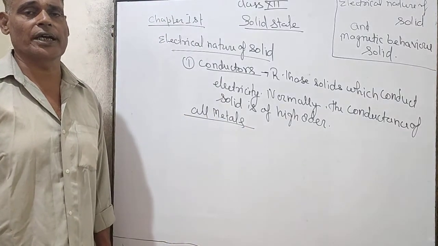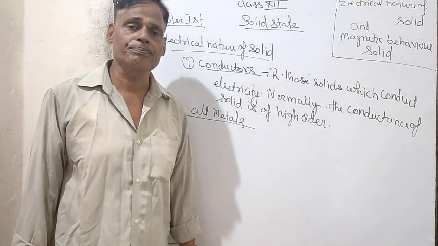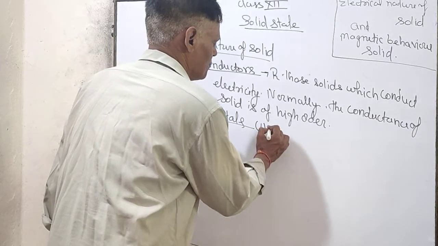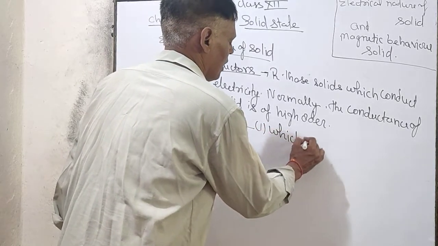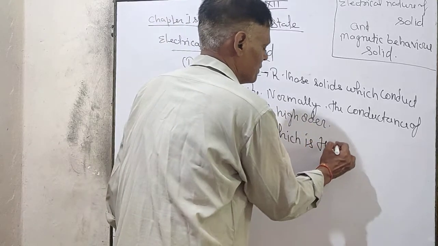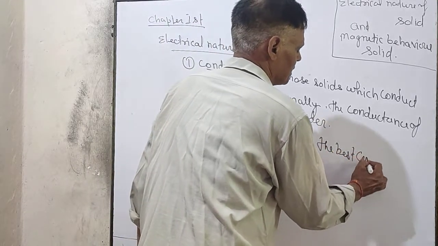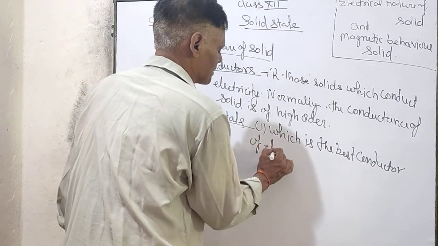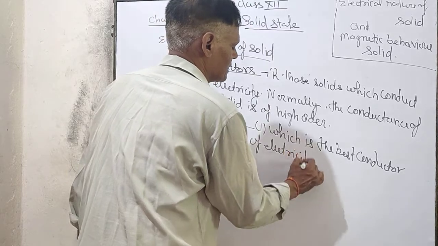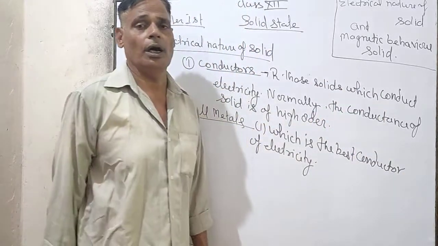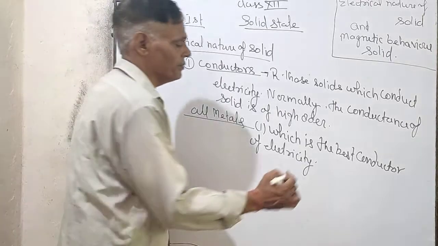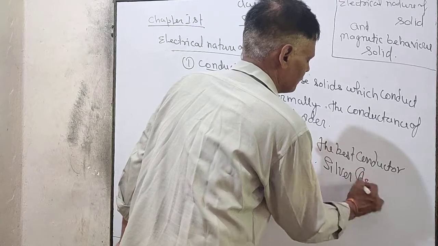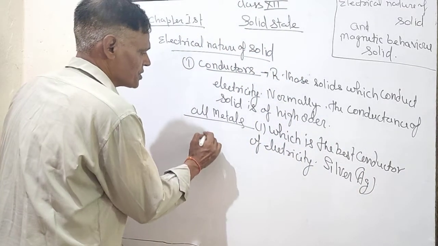There are two types of questions: which is the best conductor of electricity, and which is the worst.